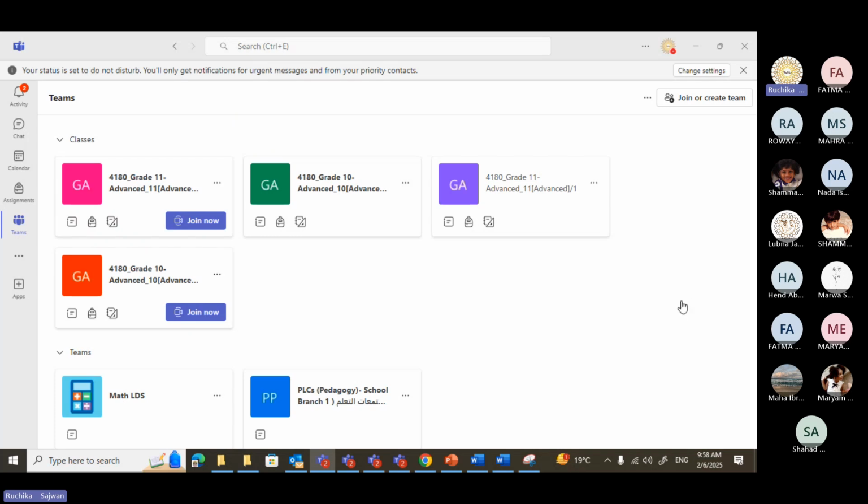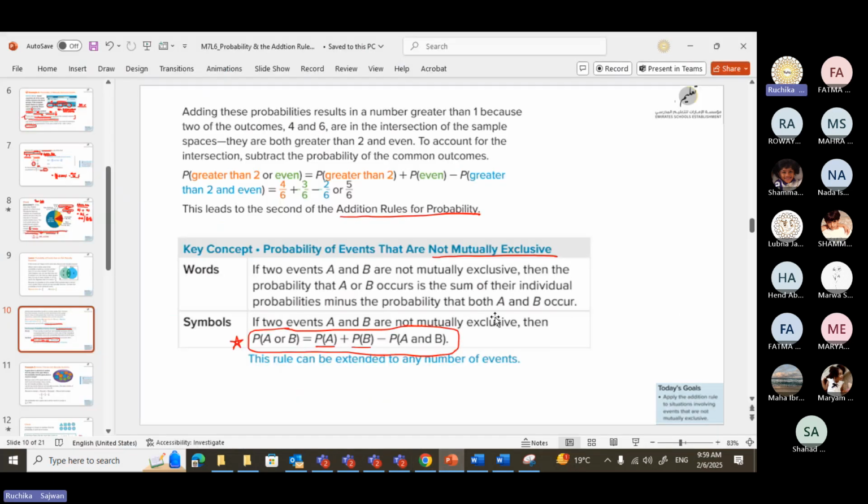Okay, so she's been added. Now it's almost 10. No, the period ends at 10:10, right? It's only 10. Another. The period ends at 10:05. It's only 10 at the moment. So let's do one question and then we stop.